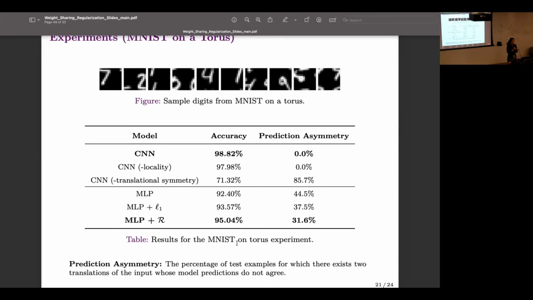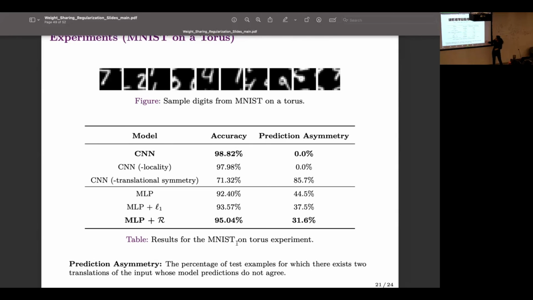No, we just pick one permutation of the 196 and train on it. Actually, we do not train on the whole of MNIST. This result is only for 60% of MNIST: I take 60% of MNIST, do a random roll, and create this dataset.